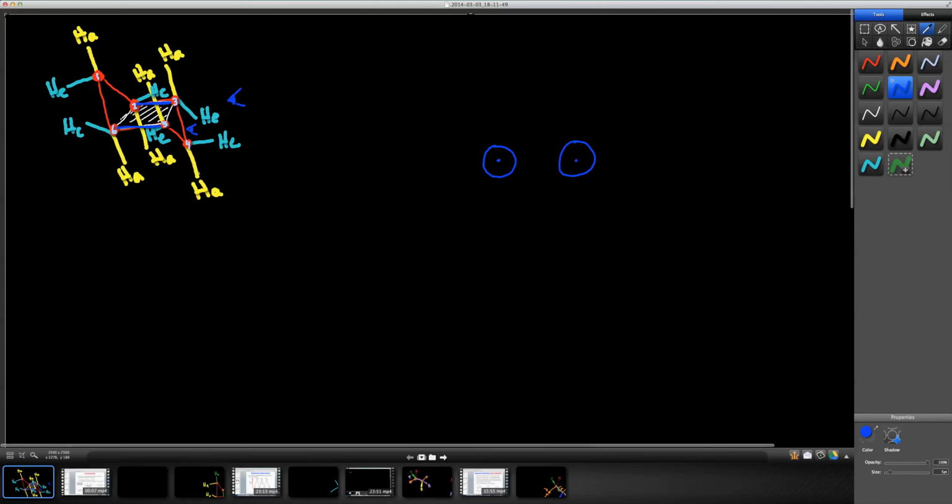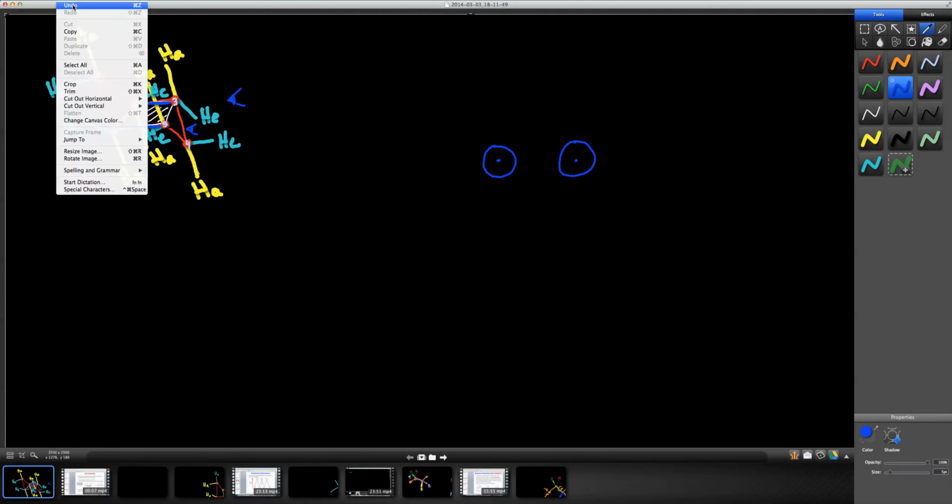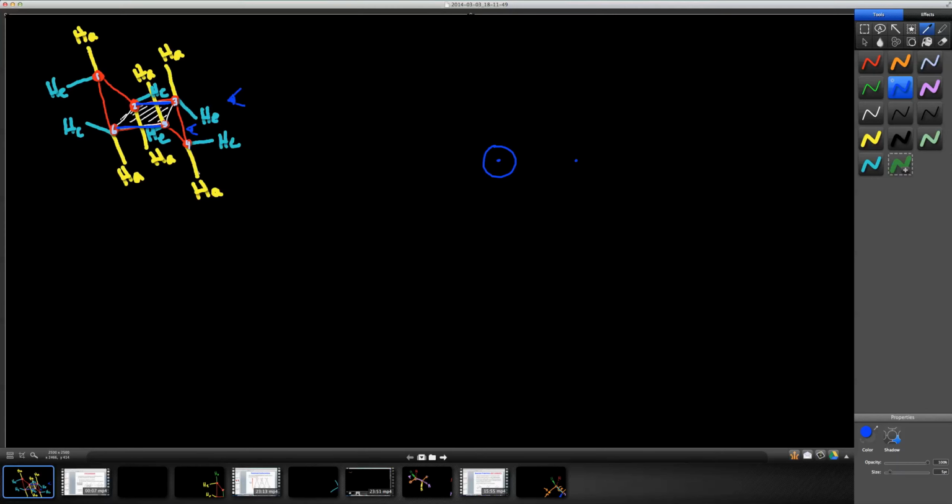And that circle's way too big. Let me fix that. Above the plane, we're going to see C1. So C1 is bonded to C2 and C6, which are the larger circles. C4 is bonded to C5 and C3, which are rendered by the dots.